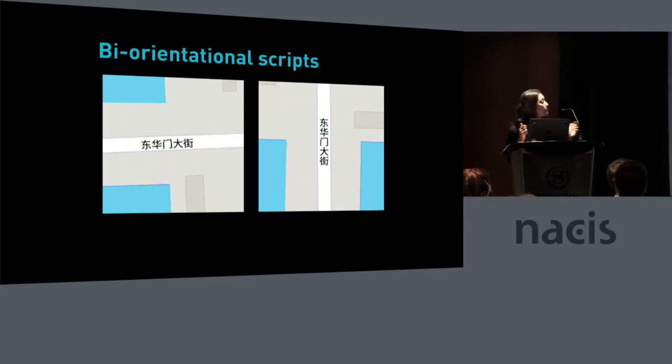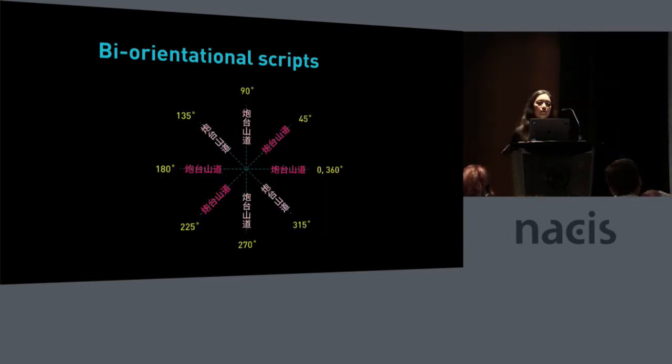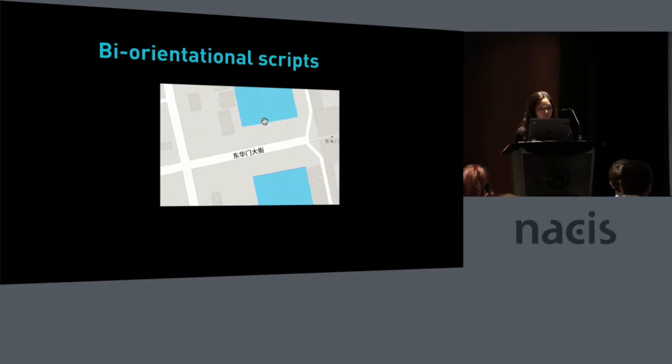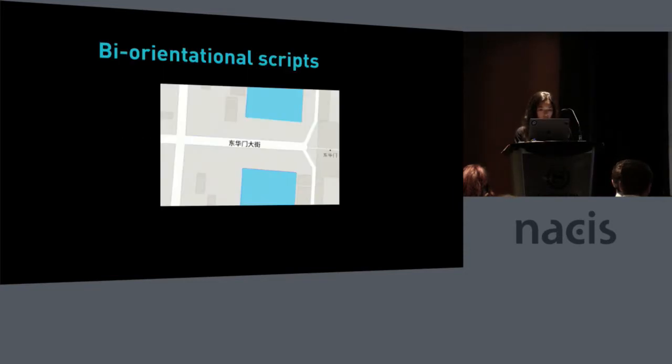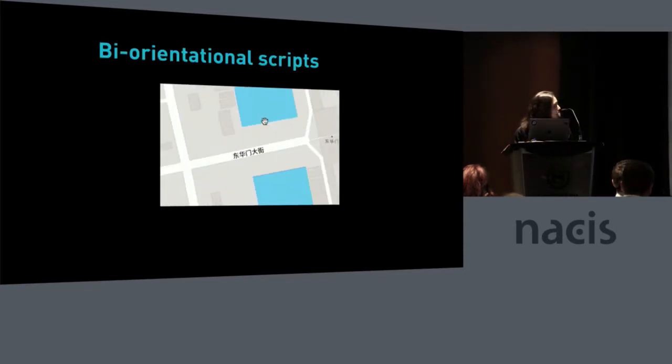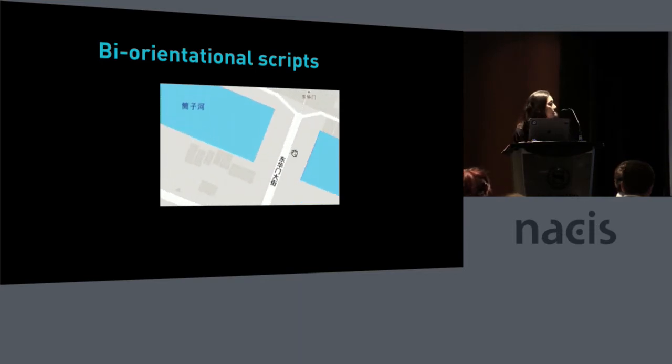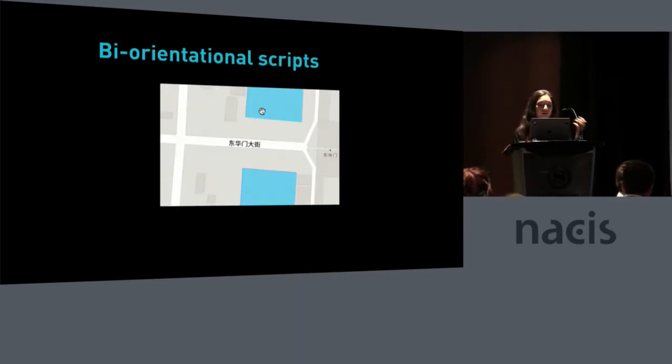So Chinese can be written left to right or top to bottom. And it's pretty common for maps to display either of these 2 orientations depending on the angle of the line. And so you can see, is this video running? You can see that the orientation of the line automatically changes as the angle of this line changes.